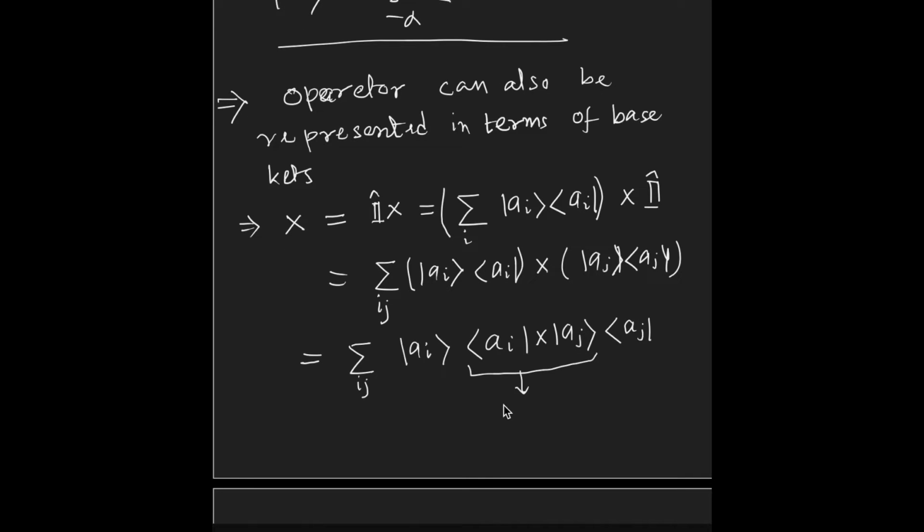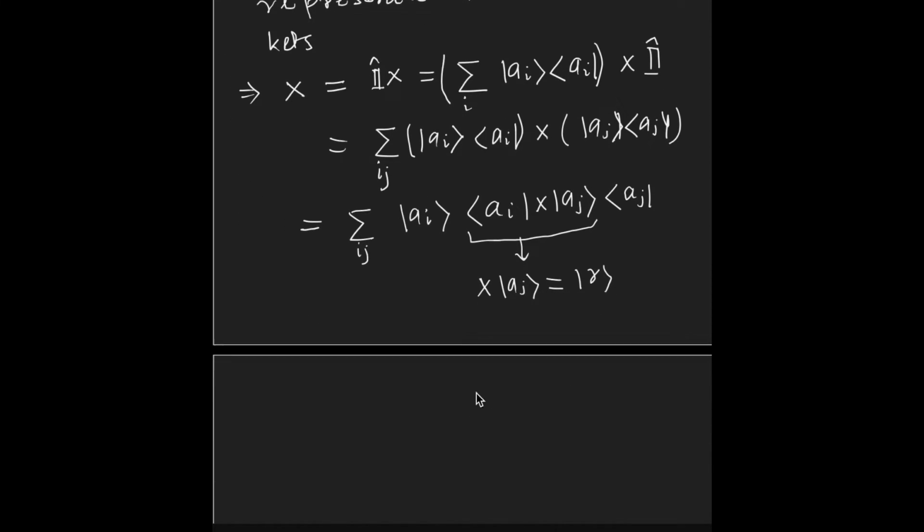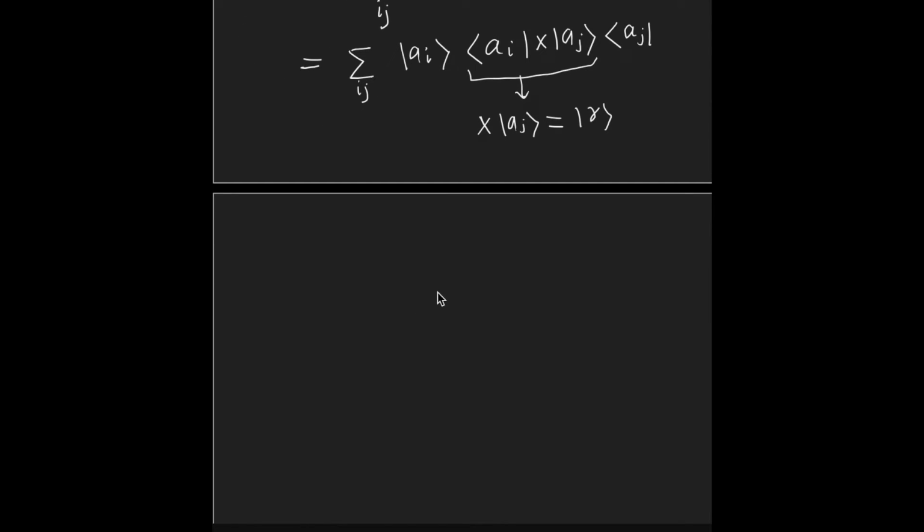Now <a_i|X|a_j> is nothing but a constant number. How can we see that? An operator acting on a state will change the state. Suppose it is gamma. Then <a_i|X|a_j> is equal to <a_i|gamma>, and this is the inner product between two ket vectors, which is nothing but a complex number.